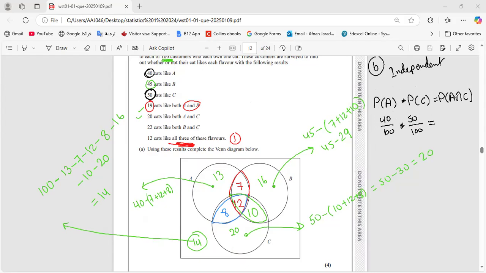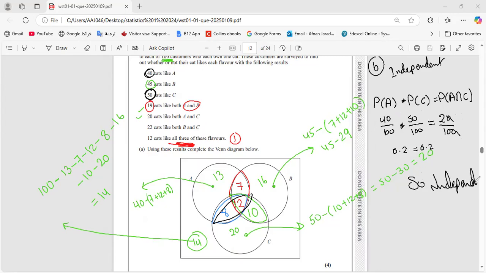Does it equal probability of A intersect C? The intersection between A and C is 20 over 100. 40 multiplied by 50 equals 2000 out of 10,000, which is 0.2, which equals 20 over 100, which is also 0.2, so independence.